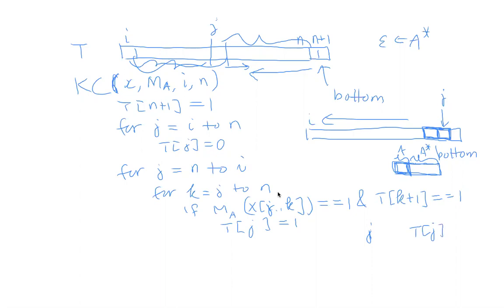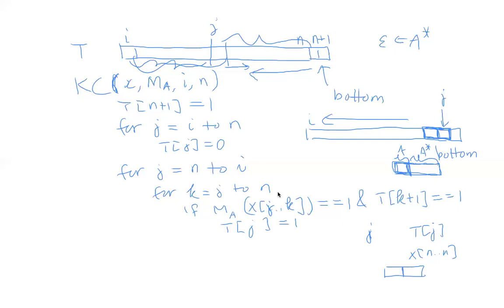That means what t of n is, meaning we want to know whether the last symbol of x is in A. If it's in A, then of course we know it's in A star. So then j will move down a little bit, one more cell. So now you have two symbols.